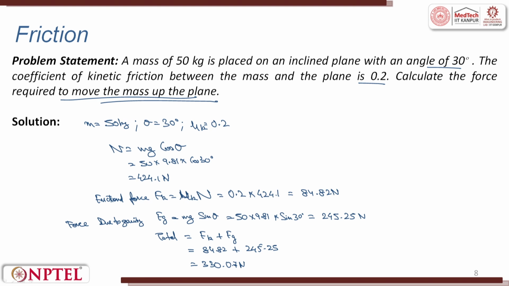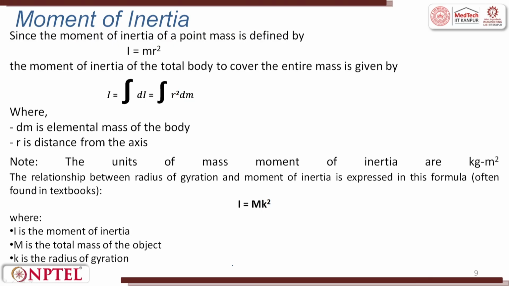Now, let us see the moment of inertia. Though I have calculated the moments in the previous numerical as well, let us try to recall the relations which were given for the moment of inertia in the theory. The moment of inertia of a point mass is defined by I is equal to m r square, where m is mass of the body, r is distance from the axis.